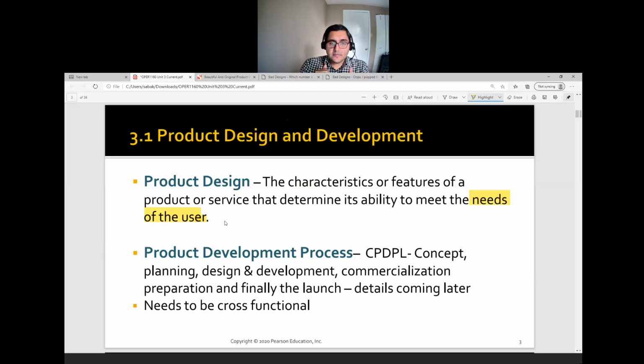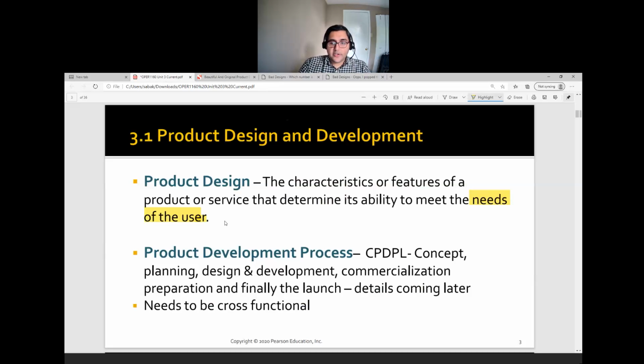So this concept can be applied for a big company which is trying to come up with new product, or it can even be applied for a startup in case you're planning to set up a new business of your own.